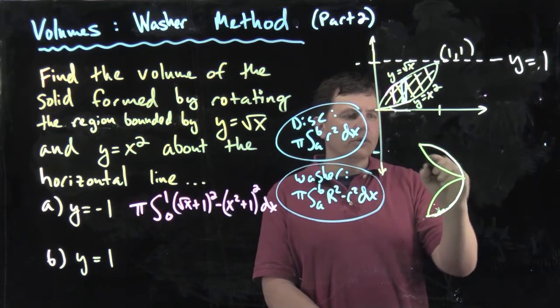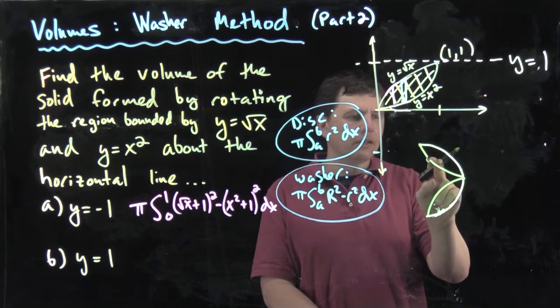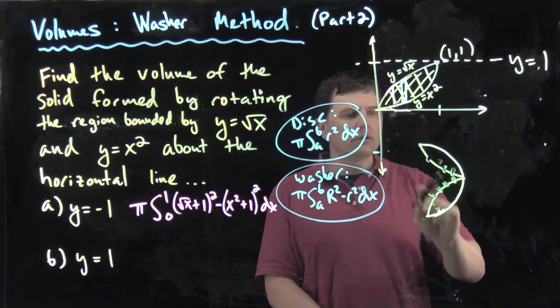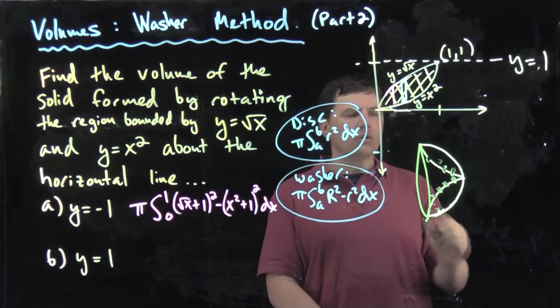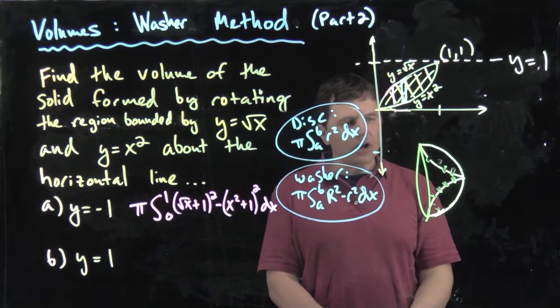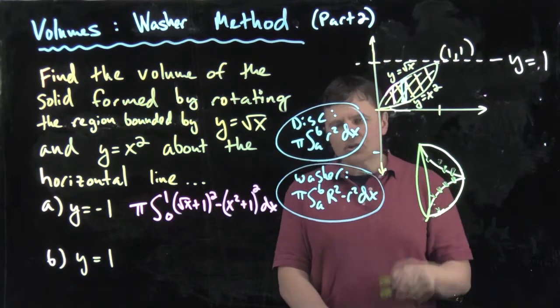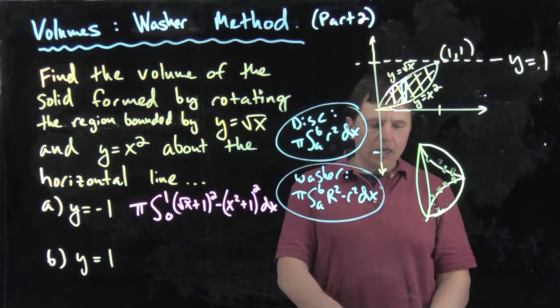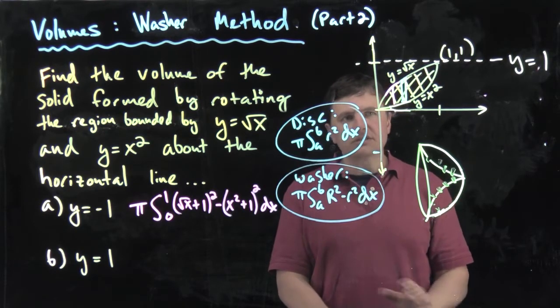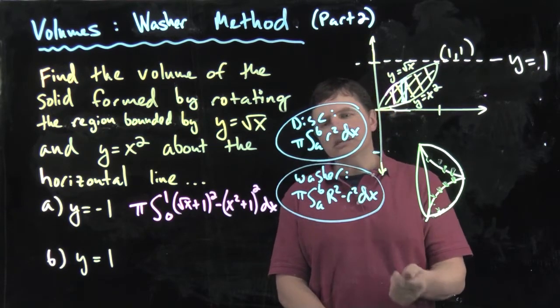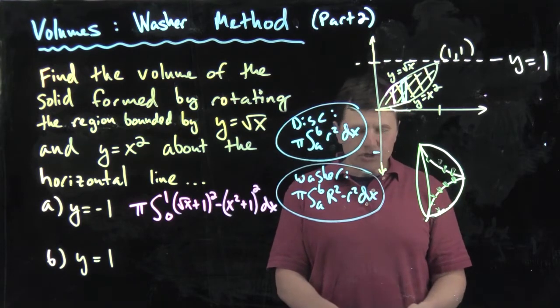So this would be on the inside. Once again, our cross-section has that hollow, so we're talking about a washer. And just in your mind, think it's either going to be a solid disc or it's going to have a hole in it and it's going to be a washer.